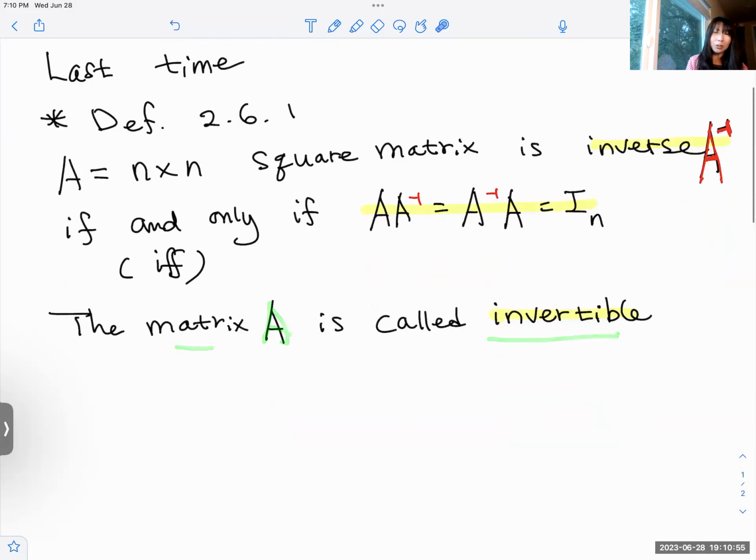And then I want to add one more thing here. If A is 2 by 2, we can check whether A is invertible or not. So let me write down.